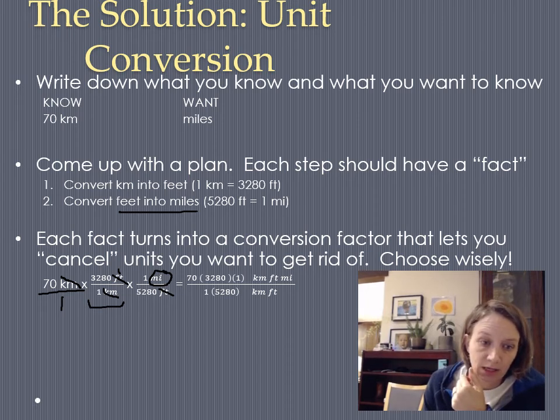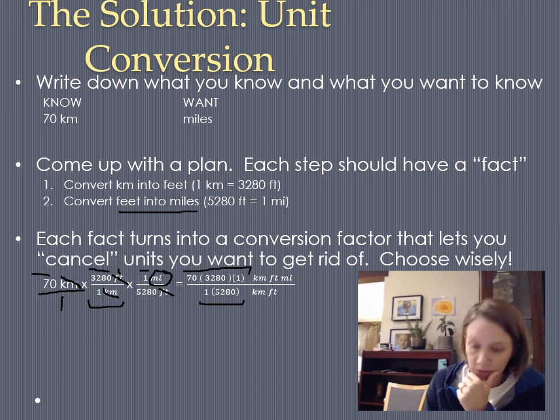We have 70, which is right here, times 3280 times 1. That's what we have on the top of our fraction. And on the bottom, I have a 1 times 5280. Those are my numbers on the bottom of the fraction. And then over on my unit side, all my units on the top: kilometers, feet, and miles. And at the bottom, I just have kilometers and feet.